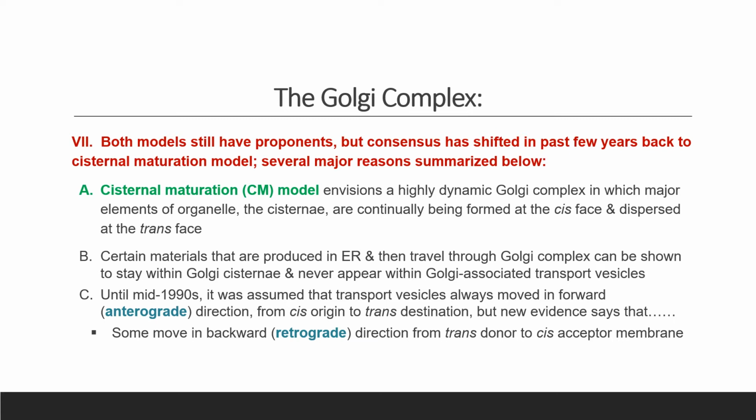Until the mid-1990s, it was assumed that transport vesicles always moved in a forward, or anterograde, direction from cis origin to trans destination, but there is new evidence that some move in a backward, or retrograde, direction from trans donor to cis acceptor membrane.